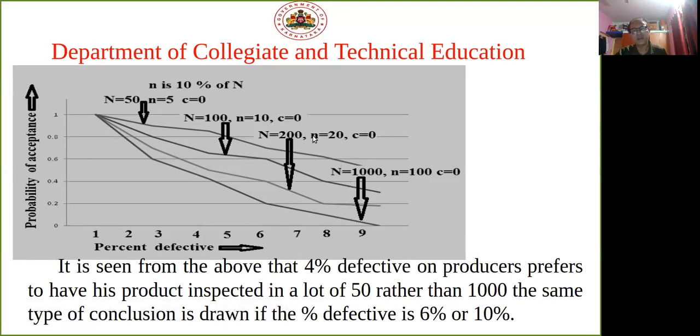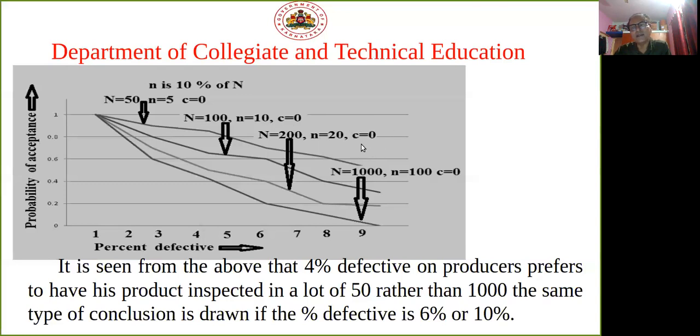Now if I go to curve 2, as you can see at the arrow mark here, curve 2 says that there is a lot with 200 items, and if I take 10% of the 200, it is 20. So 20 items have been selected, with the acceptance number 0.